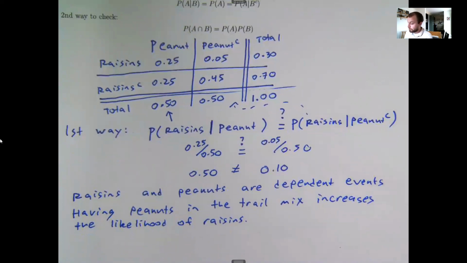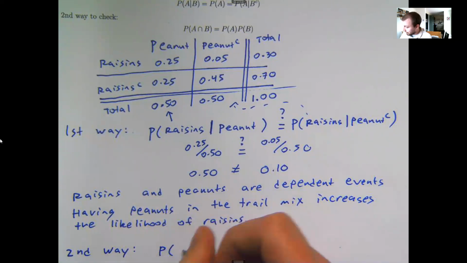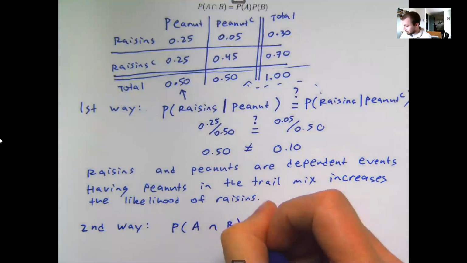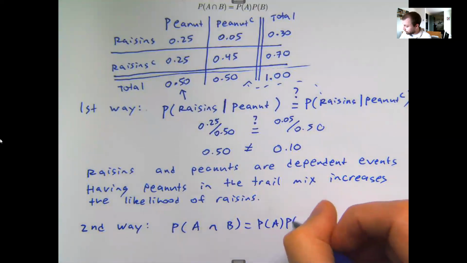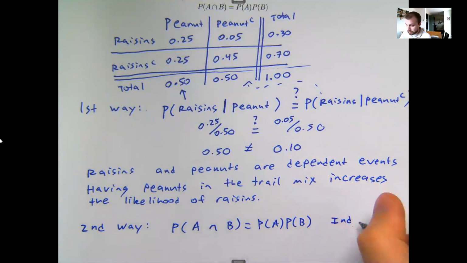Now, the second way of checking for independence is if the probability of A and B is equal to the probability of A times the probability of B, then those two events are considered to be independent.